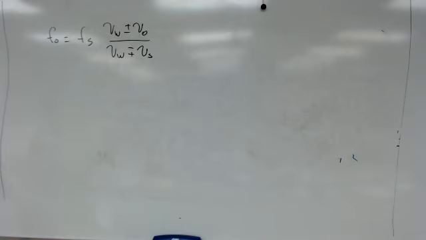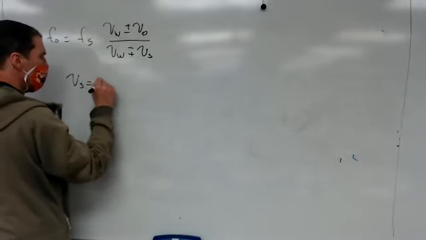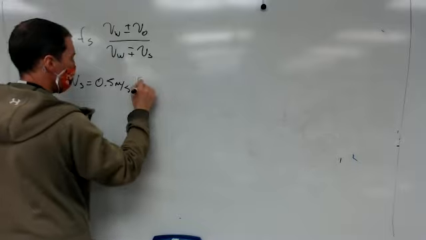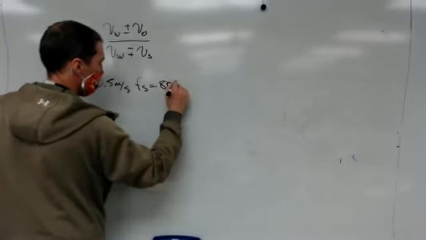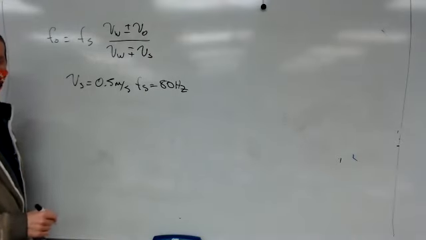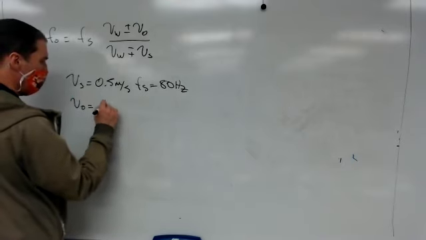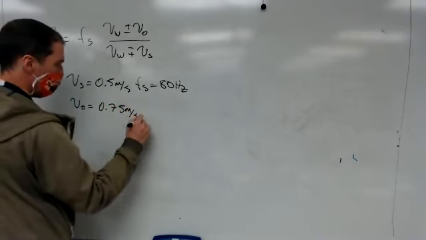The zombie is chasing after you at 0.5 meters per second while moaning at a frequency of 80 hertz. You carry your friend, you're running at 0.75 meters per second. What's the velocity of the source?